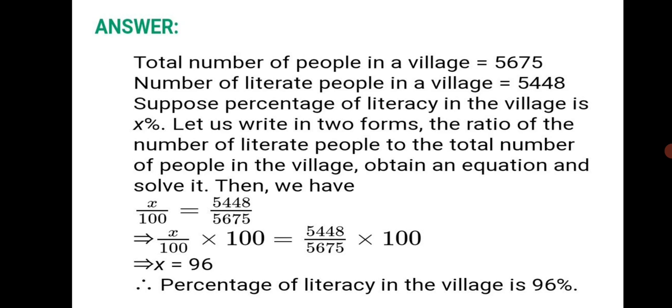In order to eliminate 100, we will multiply by 100 on both the sides. So we get x is equal to 96. Therefore, percentage of literacy in the village is 96%. You will have to work out 5,448 divided by 5,675 into 100.